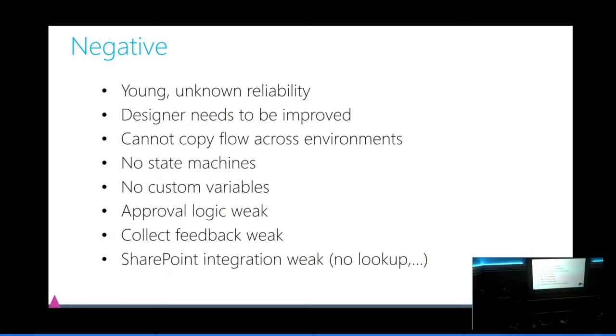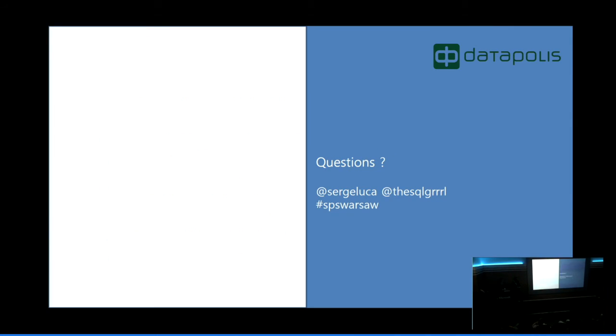It's very weak. And the SharePoint integration, even though I mentioned it in the positive points, is still weak. You cannot do lookup to another list. Okay, they are working on it, but today you cannot. So that's a problem.